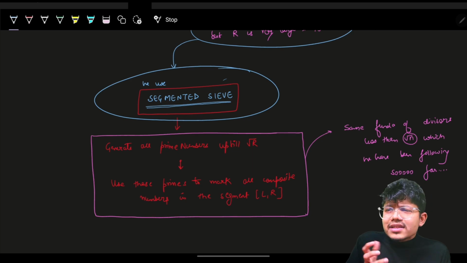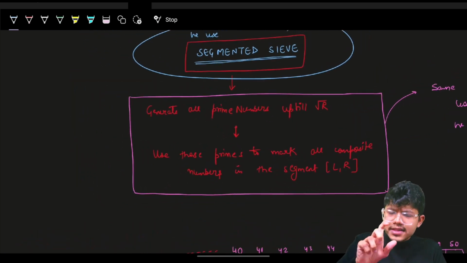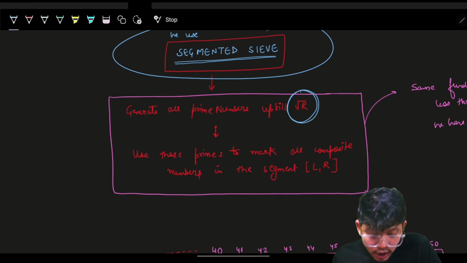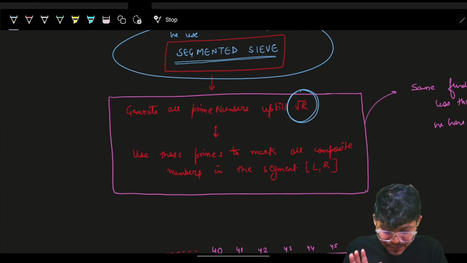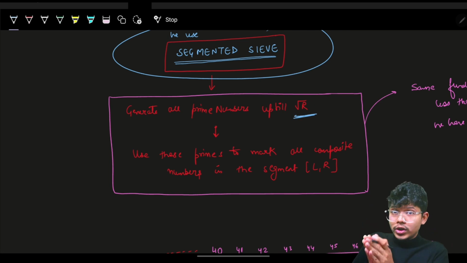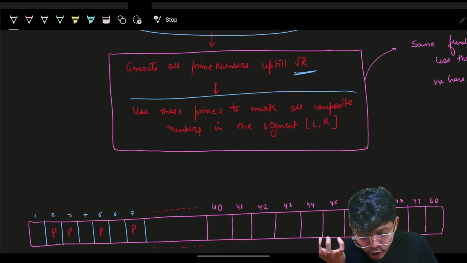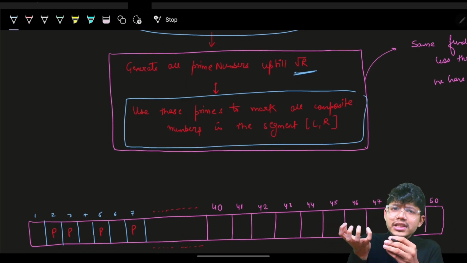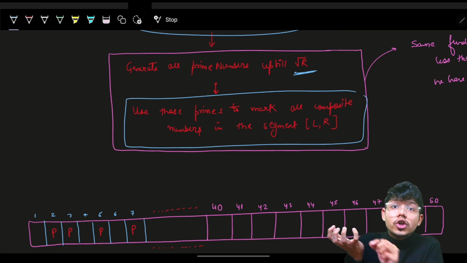Hey Aryan, what is the segmented sieve? See, segmented sieve just says generate all the prime numbers less than or equal to root R, and then from those generated prime numbers, mark all the composite numbers in range L to R as not prime.